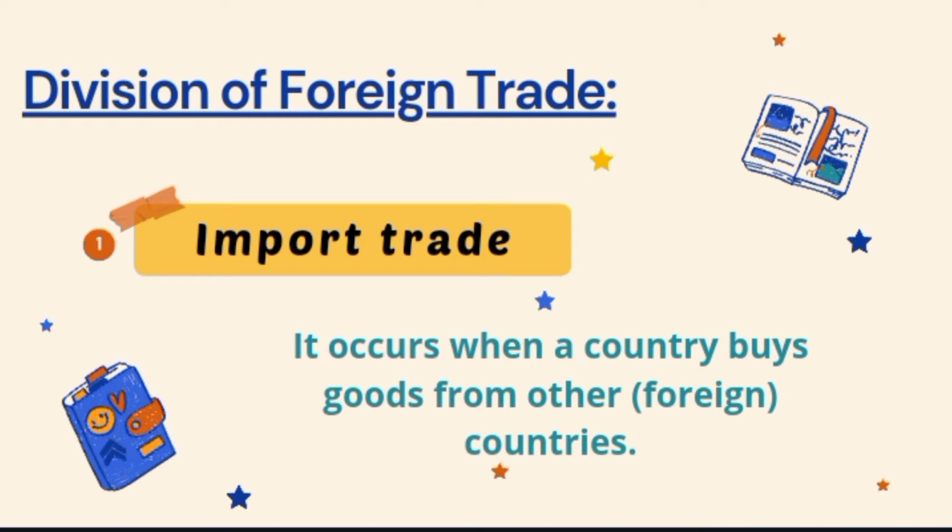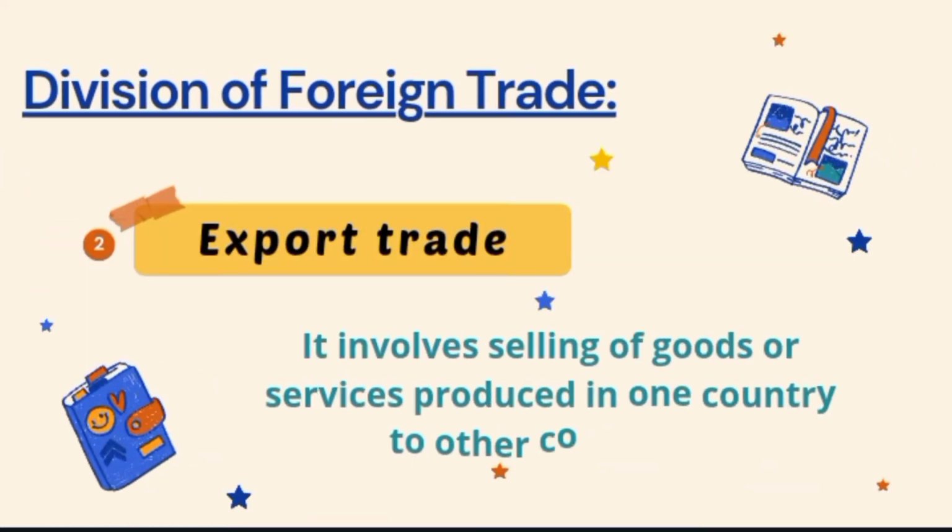Those goods will be imported into Nigeria. Then the export trade, on the other hand, involves selling of goods or services produced in one country to other countries. For example, when Nigeria sells its products to Ghana, it is known as export trade.